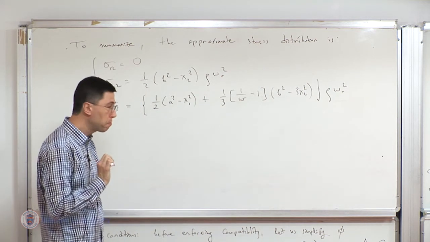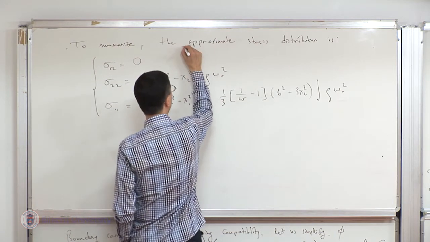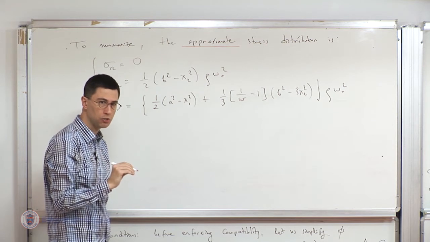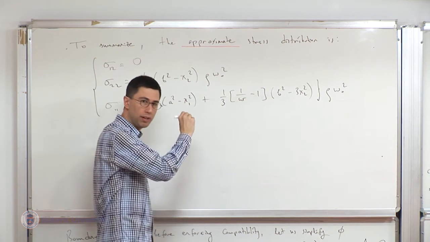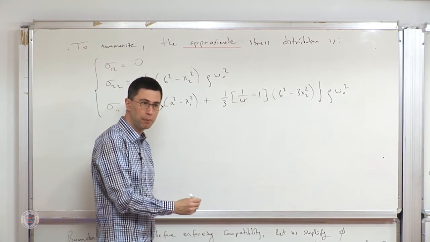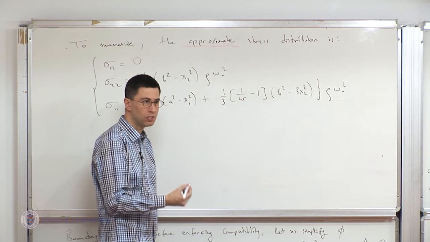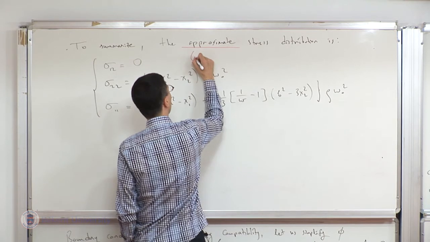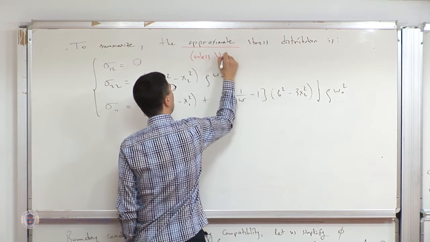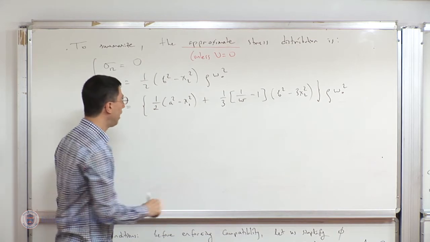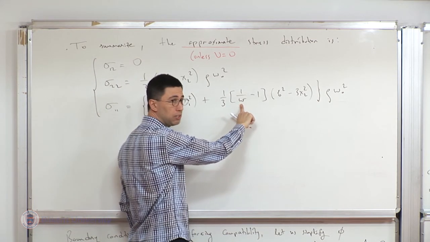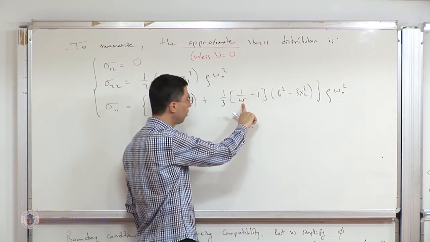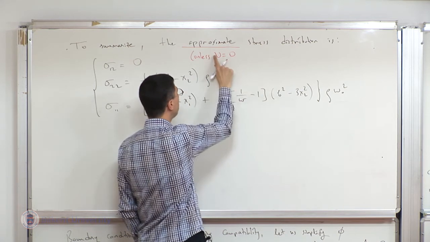Now, I must emphasize once again, this is an approximate solution because we have relaxed one of the boundary conditions. However, I know that as I was discussing everything, the clash appeared if the Poisson ratio was not equal to 0. That is in general going to be the case. But if the Poisson ratio is equal to 0, then in either case, plane stress or strain, omega will take a value of 1 in both cases if nu is equal to 0.